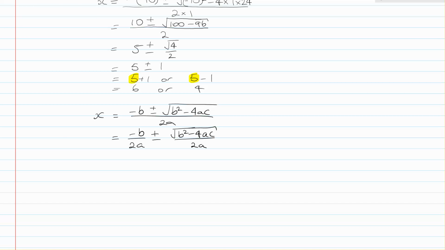Make sure they're still both divided by 2a. Notice here, this is like our starting point. This is where we start. And then this value here is just a number. Might be horrible, might be really nice. It was 1 earlier. That was nice. It's just a number plus or minus another number. Okay? This is like the center of our quadratic.